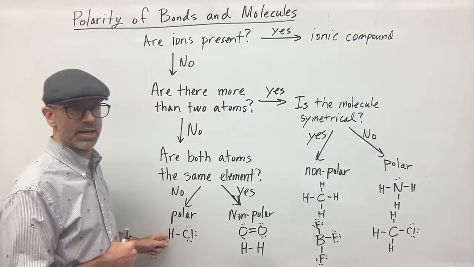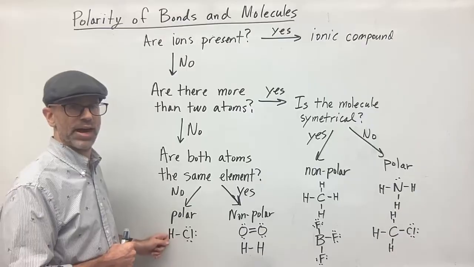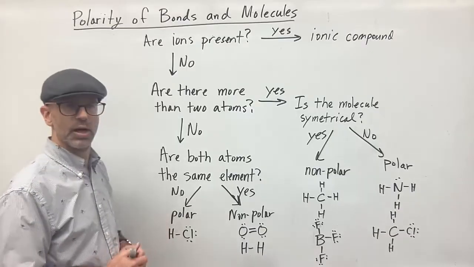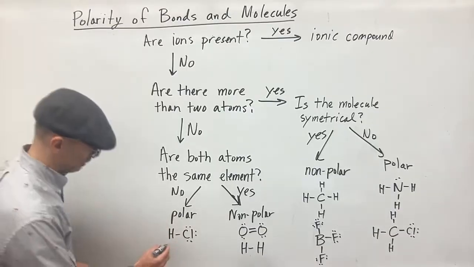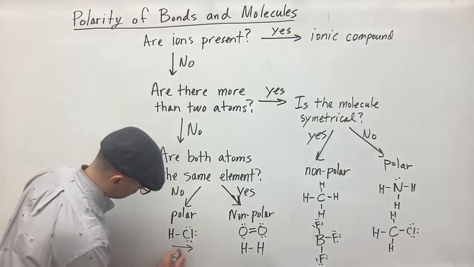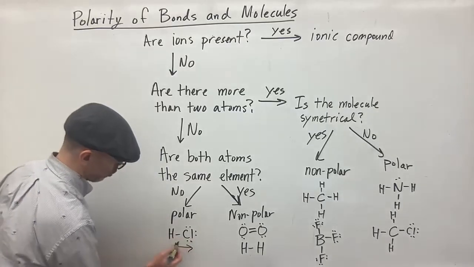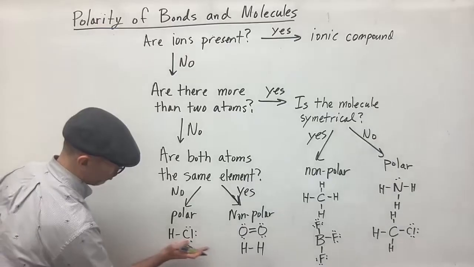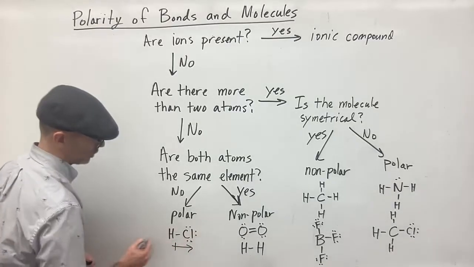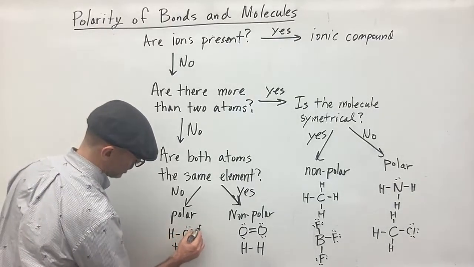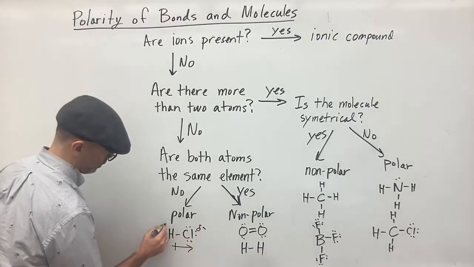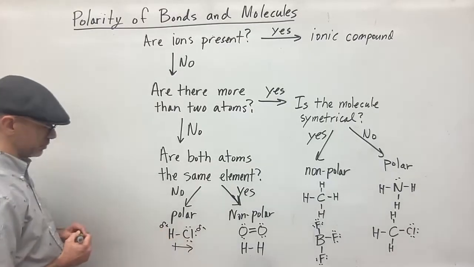And then the electrons are being pulled away from the other atom, so that's going to be a partial positive charge. So again, the dipole moment arrow is going towards the chlorine, and that's going to be a partial negative, partial positive.